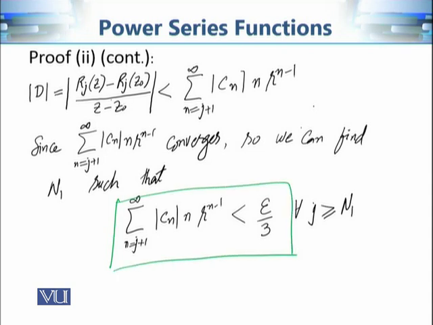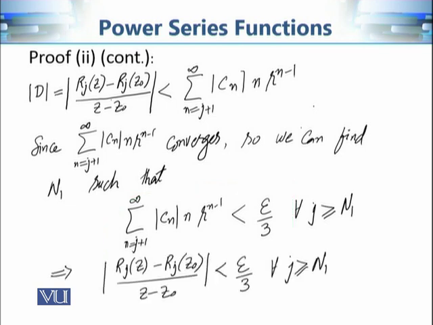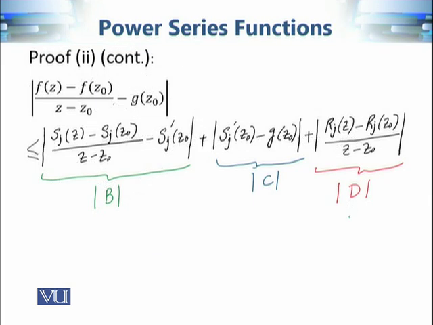That is the first aim that we have achieved, that this modulus d is less than epsilon by 3. So we have achieved that this third term of this expression is less than epsilon by 3, of course, after some n1. Whenever j is greater than or equal to n1, then this expression is less than epsilon by 3.